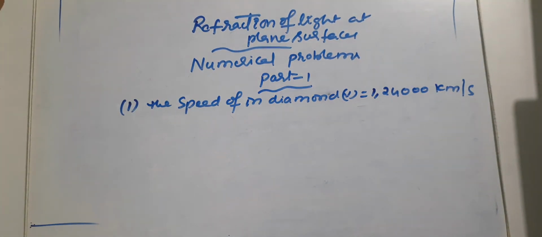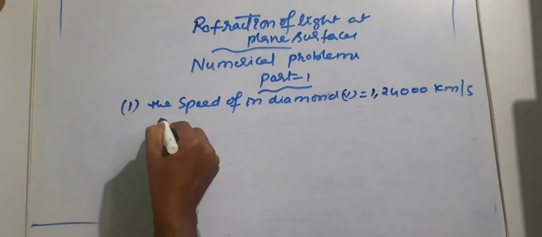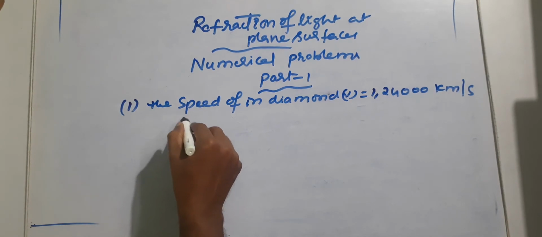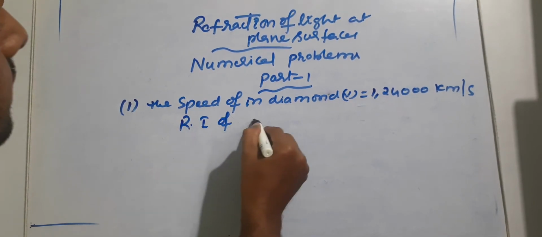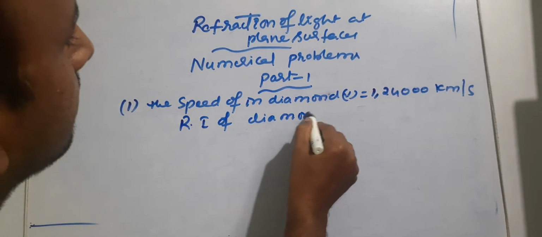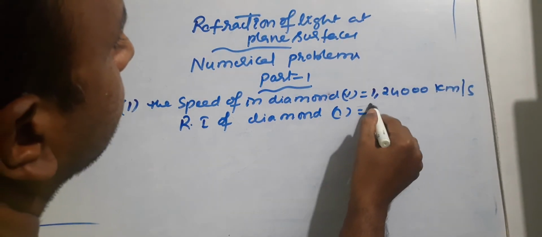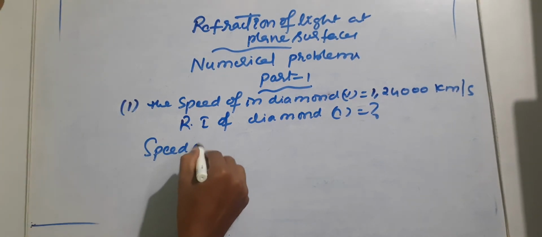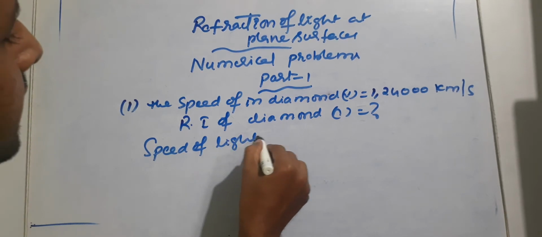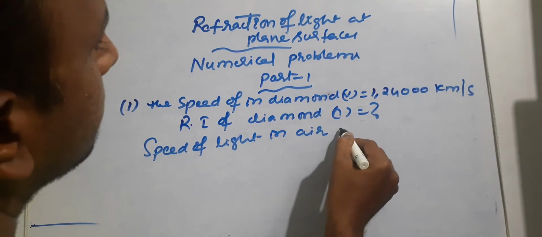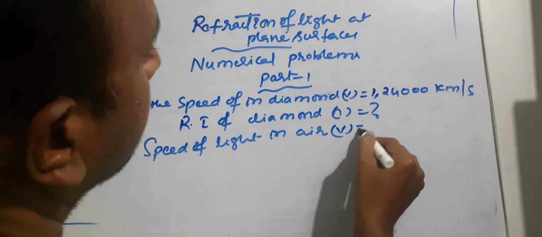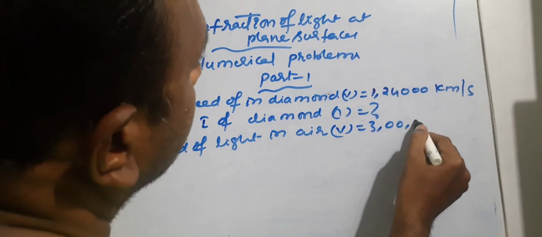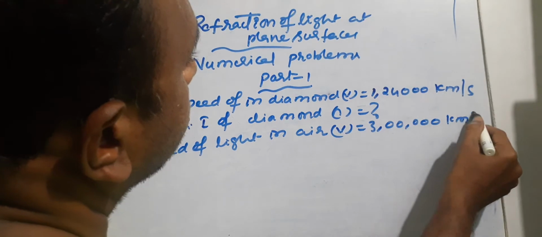Find the refractive index of the diamond if the speed of light in air is 3 lakh kilometer per second. So we want to find the refractive index of diamond. It is denoted by n. The speed of light in air is also given, v is 3 lakh kilometer per second.